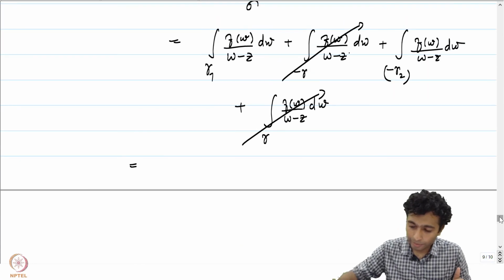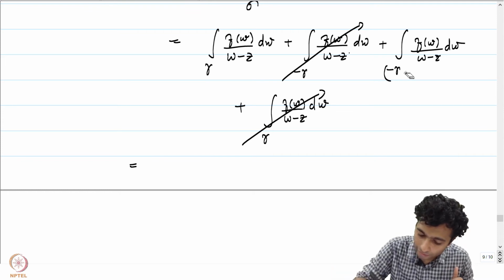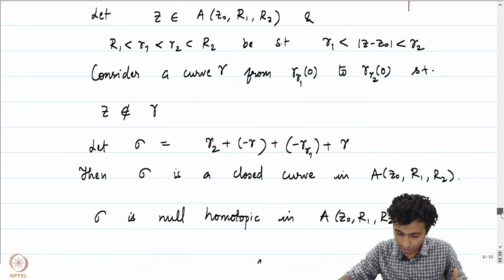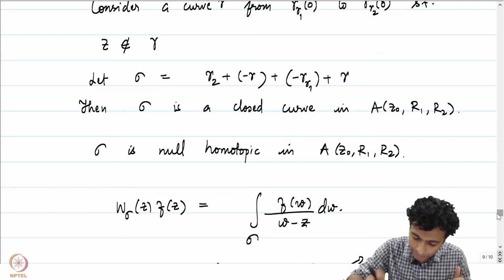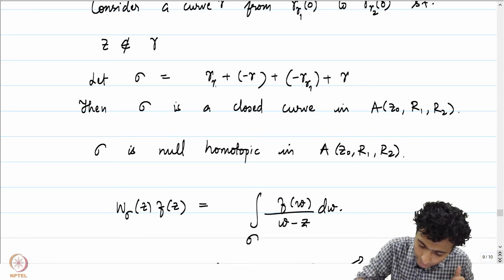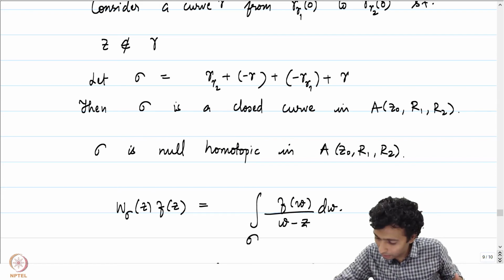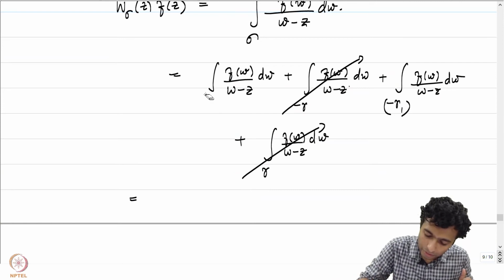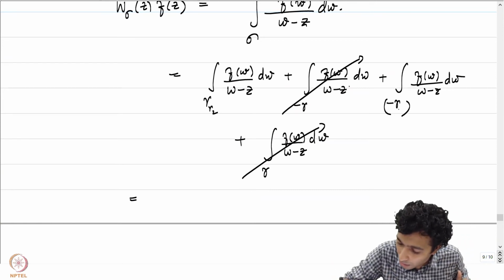Maybe it's not correct that I have written what I have written. This is gamma 2 and this is minus of gamma 1. At some stage I started messing up with the index. So let me be a little careful, so that you don't have any confusion. This is not gamma 1, this is gamma r1. This is not gamma 2, this is gamma r2.